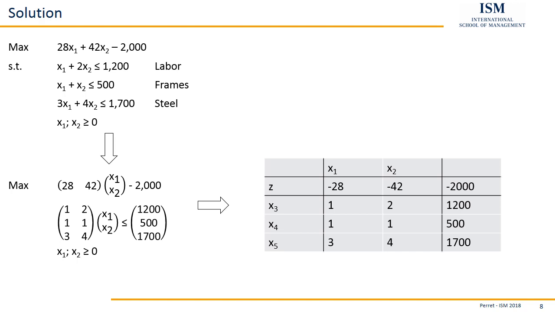Then, below those numbers from the objective function, you see that's the row with the z in front. We could also call this row objective function. Below this we have the three constraints. Here we generate additional new variables. In the end we don't really need them for our results.